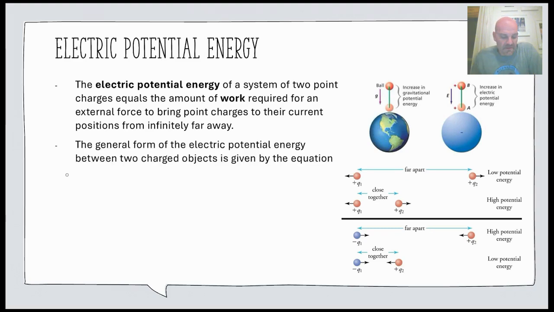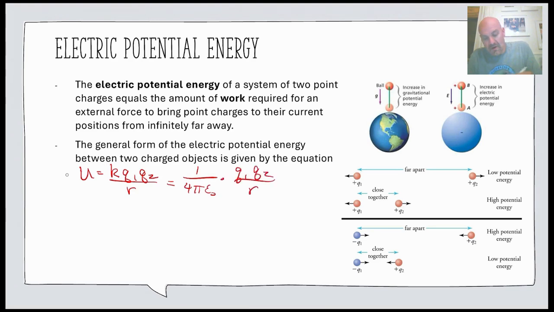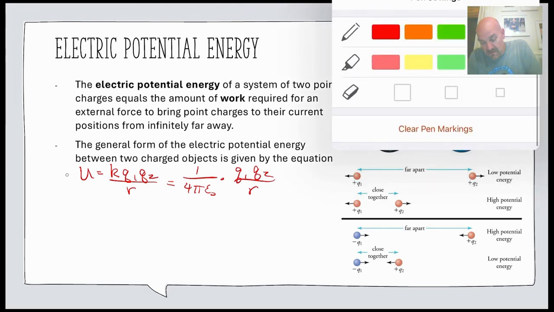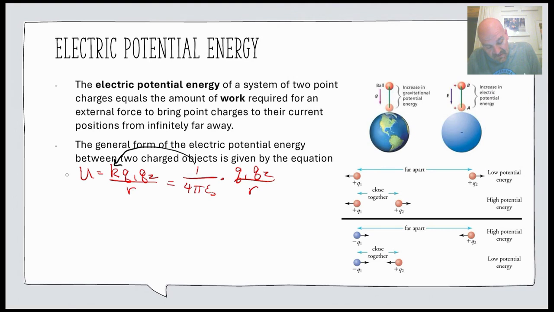The general form of the potential energy equation is U equals K Q1 Q2 over R. You may also see it written as 1 over 4 pi epsilon naught times Q1 Q2 over R. Remember that 1 over 4 pi epsilon naught is K, and we'll dive into where that comes from in the next slide.